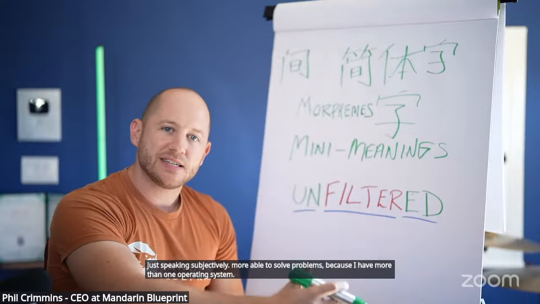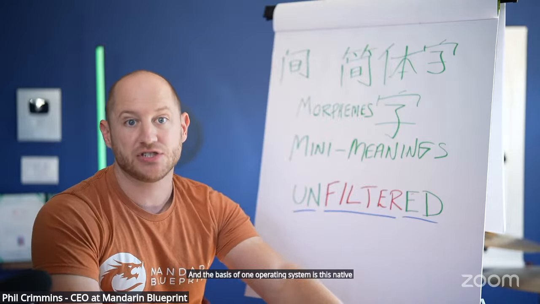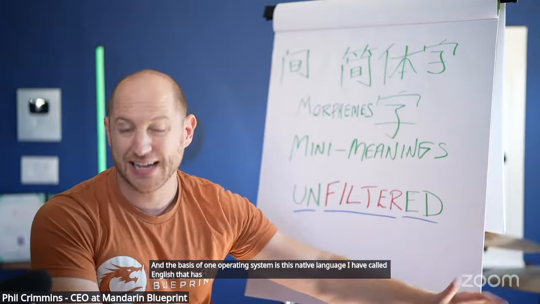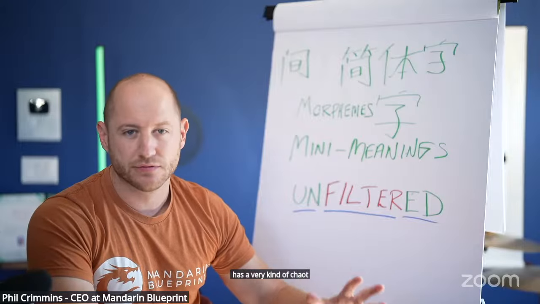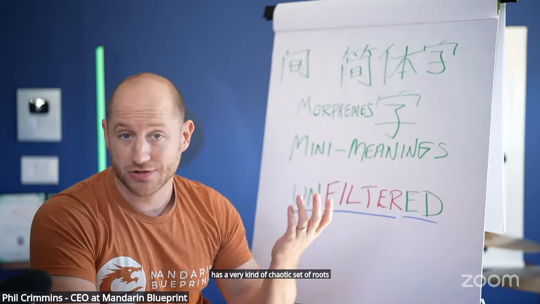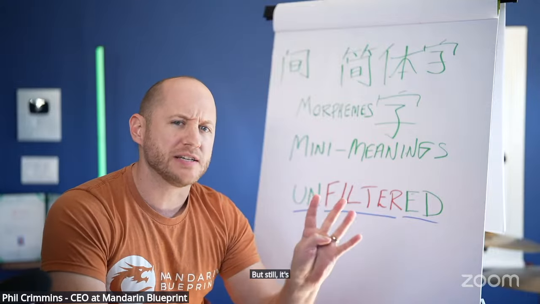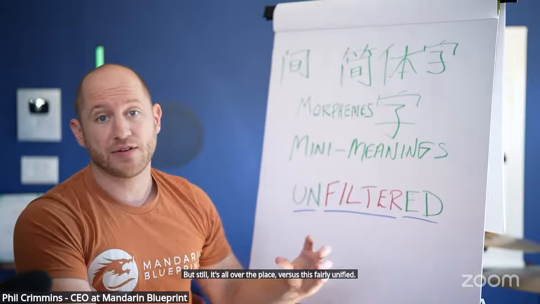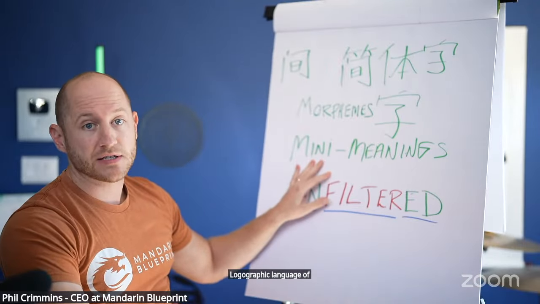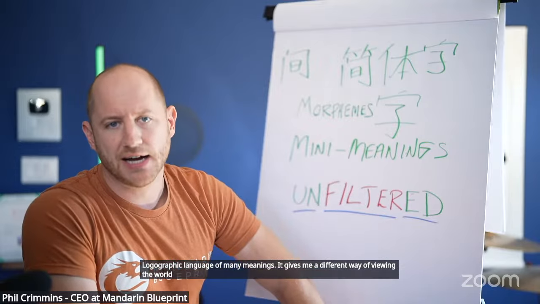The basis of one operating system is my native language, English, which has six root languages and a very chaotic set of roots. Although I think English is a great language for a number of reasons, it's still all over the place, versus this fairly unified logographic language of many meanings. It gives me a different way of viewing the world for almost any type of problem.